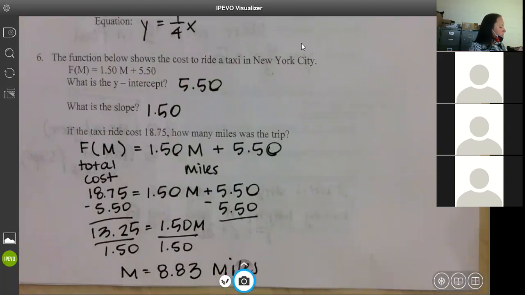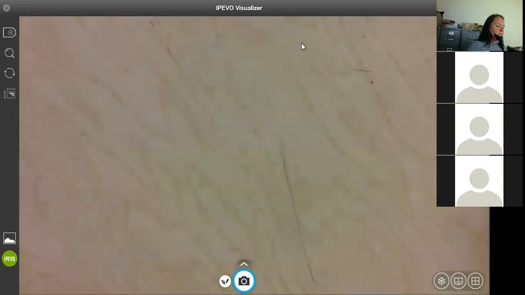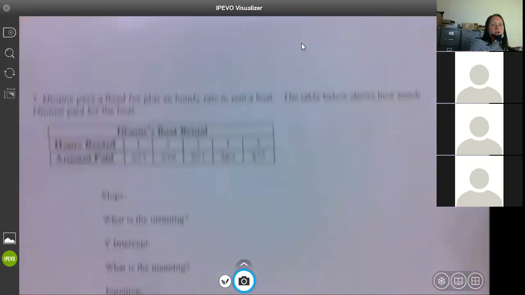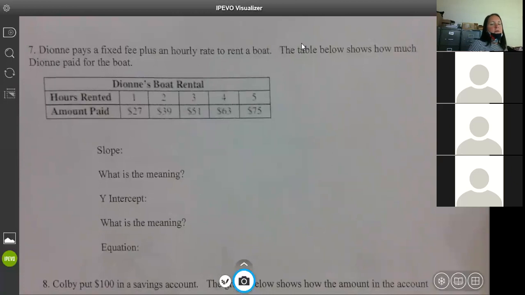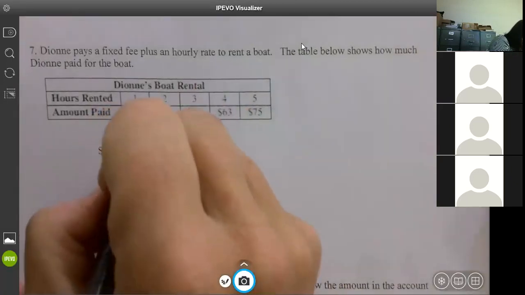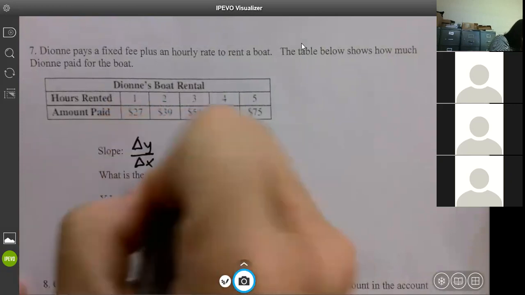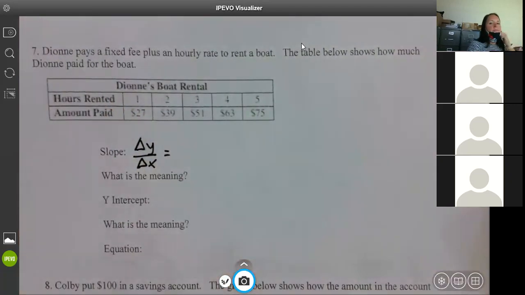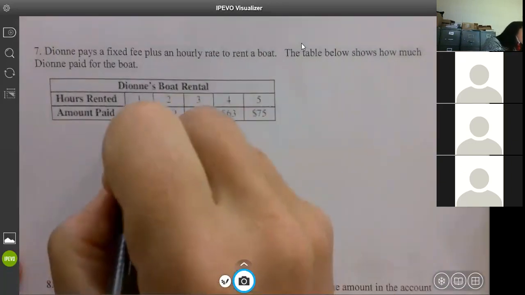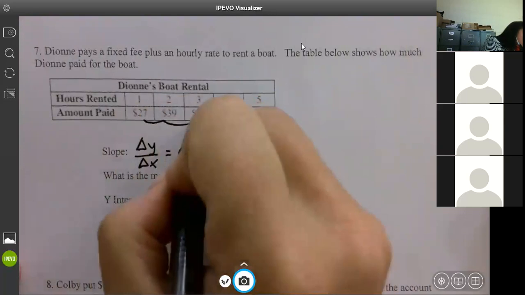Just a couple more and we'll be done. 2 more. All right, back to a chart. We got to figure out our slope and our y-intercept. Remember your slope is the change in y over the change in x. So what is your change in y?